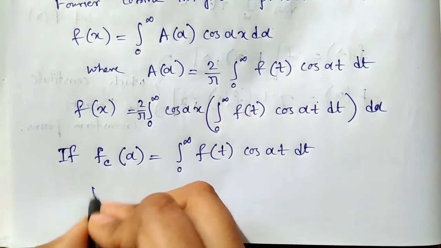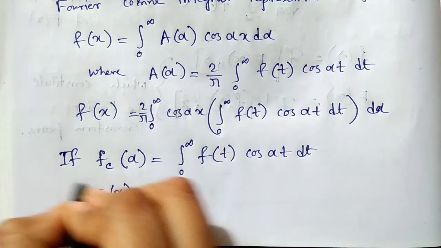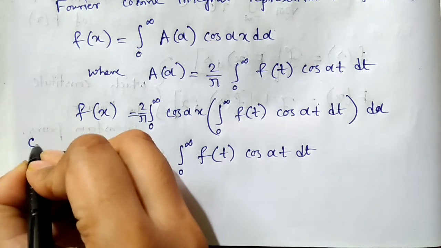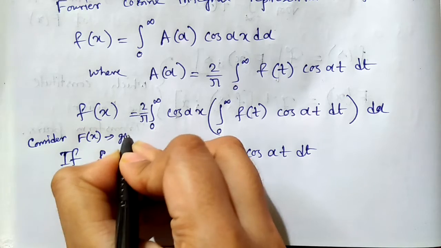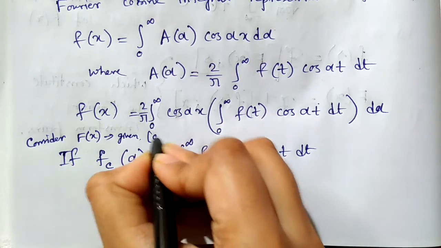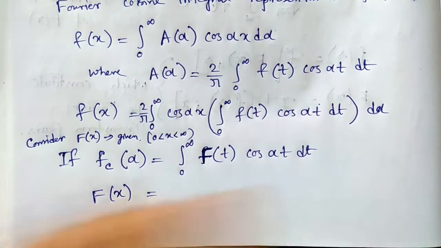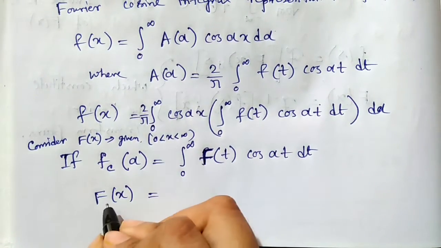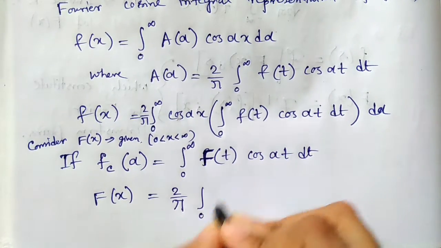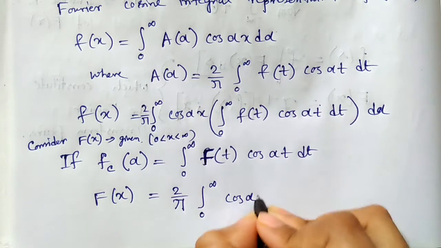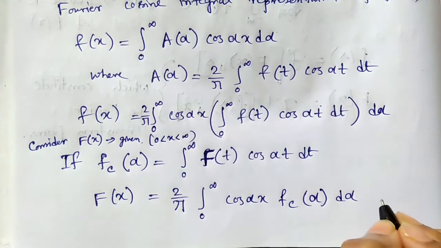Considering capital F(x) as our given function for 0 less than x less than infinity, this function will be capital F(t), and f(x) will be 2 by pi integration 0 to infinity cos alpha x Fc(alpha) d alpha. We get this.